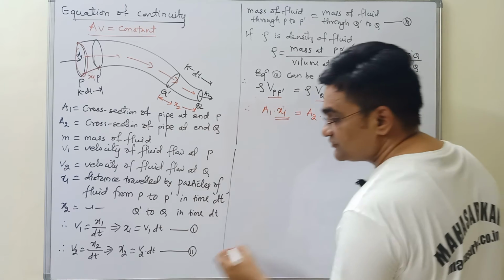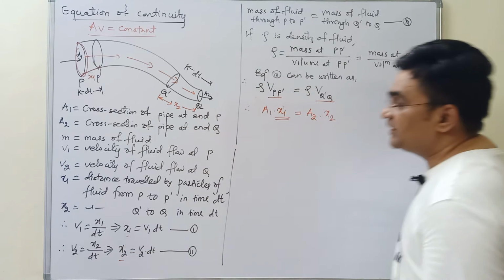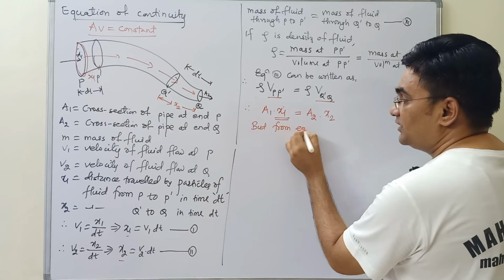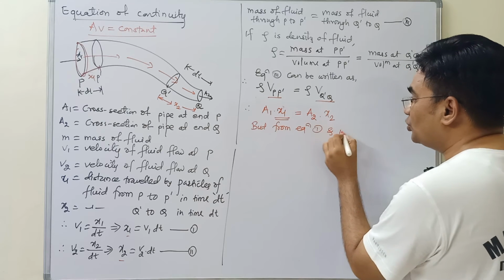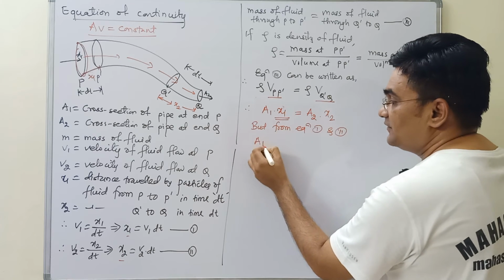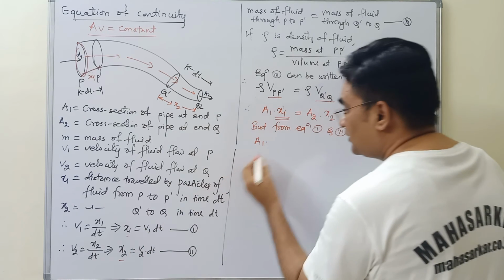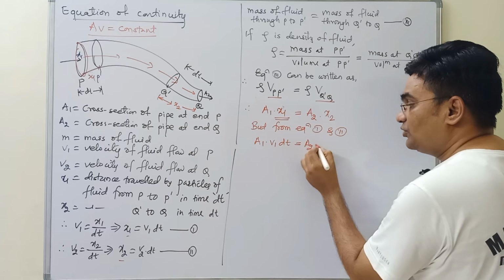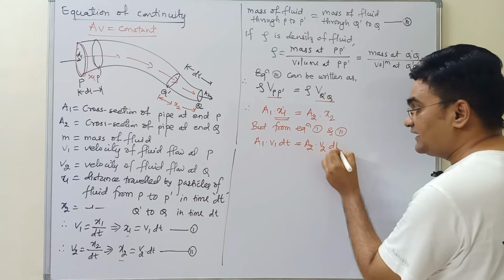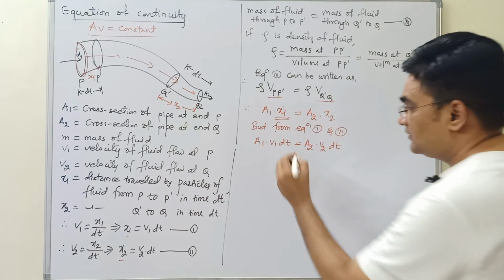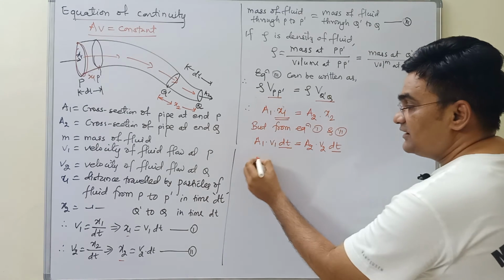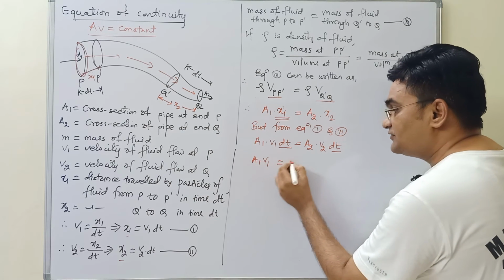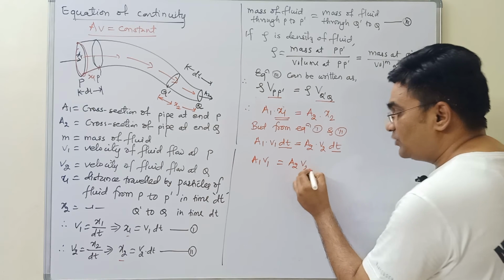What are x1 and x2? From equations 1 and 2, we can say A1 into V1 dt is equal to A2 into V2 dt. See, dt gets cancelled. So A1 into small v1 is equal to A2 into V2.